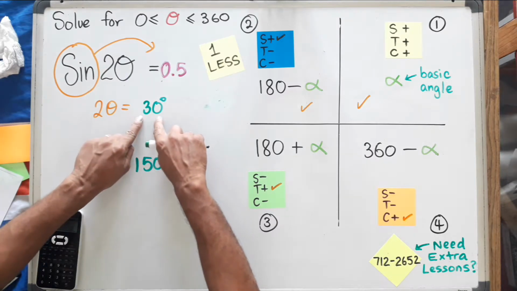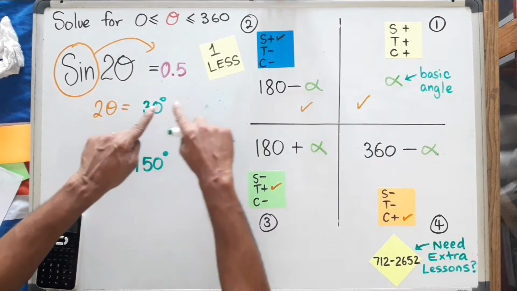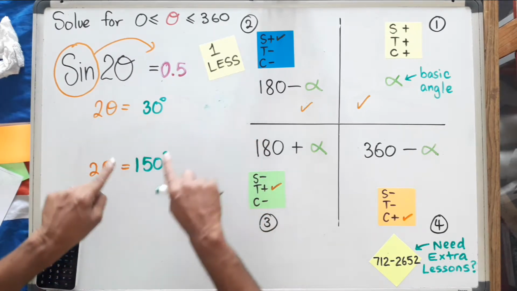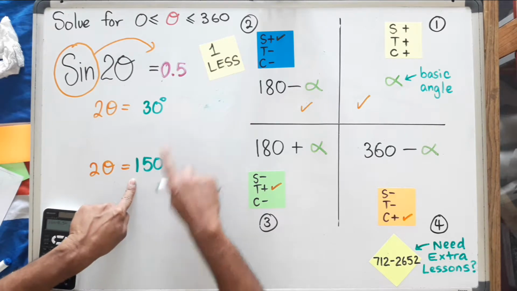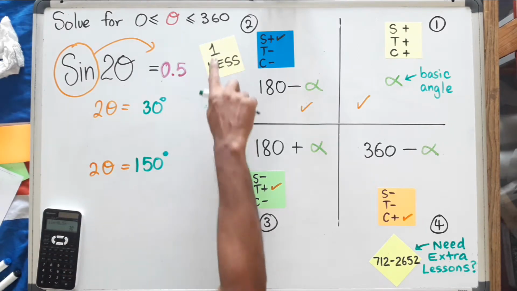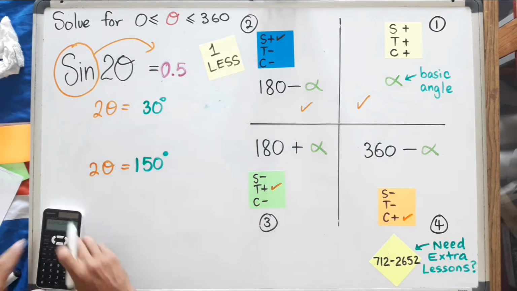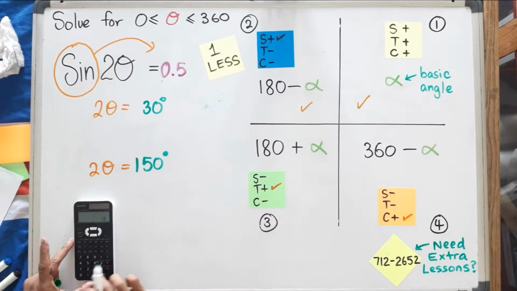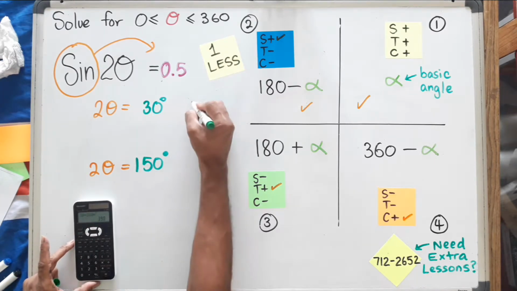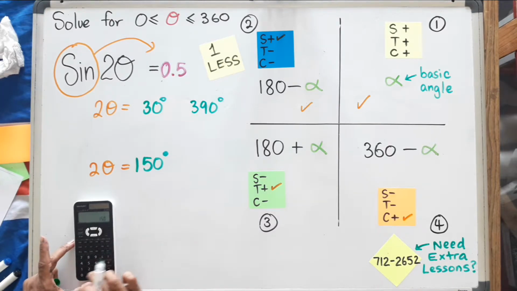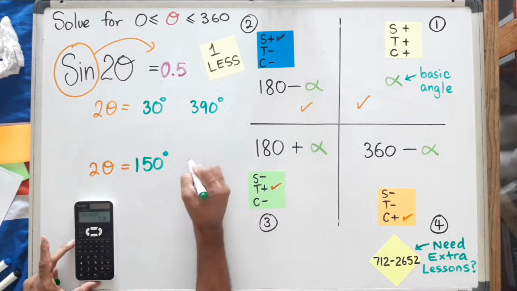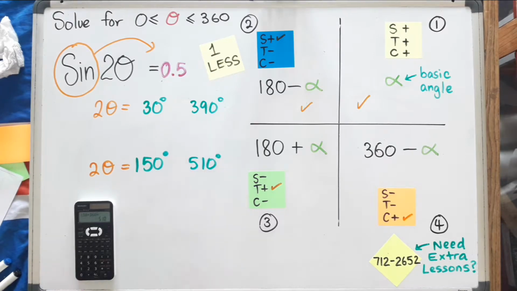You want to add 360 degrees to this answer once, and you also want to add 360 degrees to this answer only once. 1 time less than this. So let's add it. 30 plus 360 is 390. And 150 plus 360 is 510 degrees.